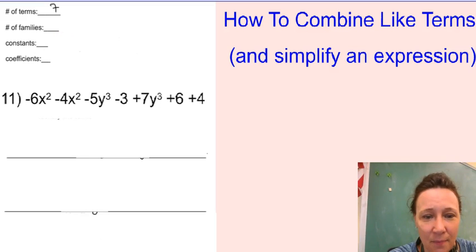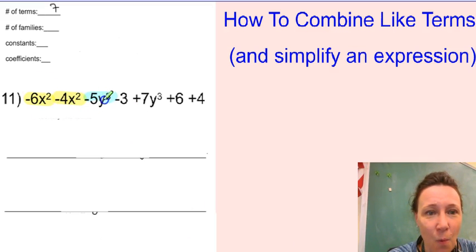And for that, we need to identify them with some sort of a sign so we don't get them confused with something else. So I chose colors. Minus 6x squared and minus 4x squared belong to a family of x squared.